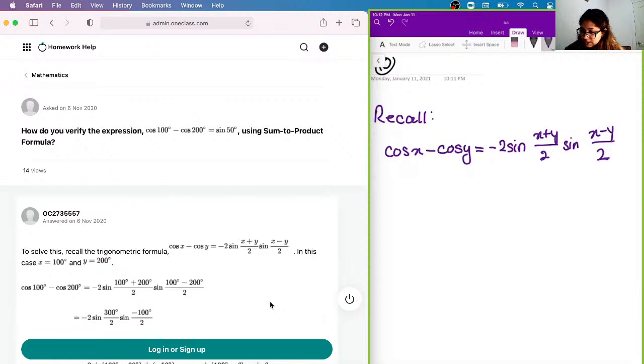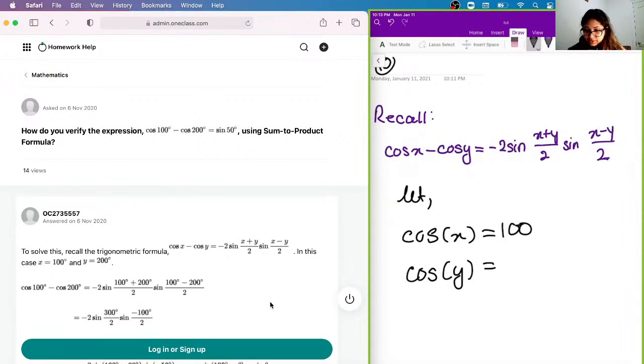So what we would do is let x be equal to 100 and y be equal to 200.